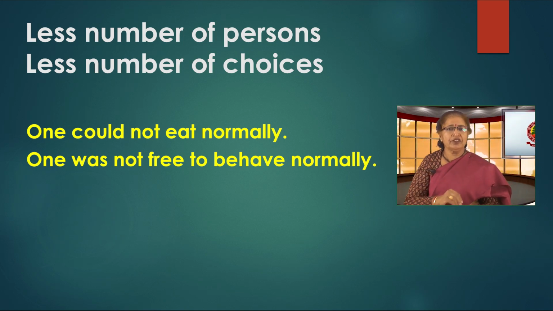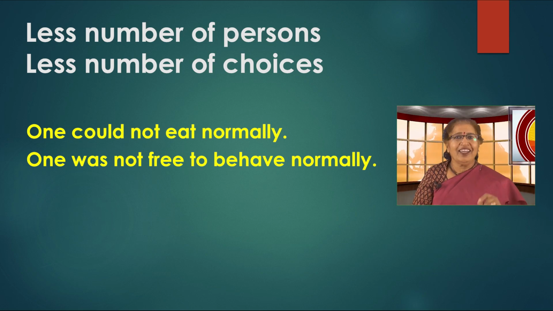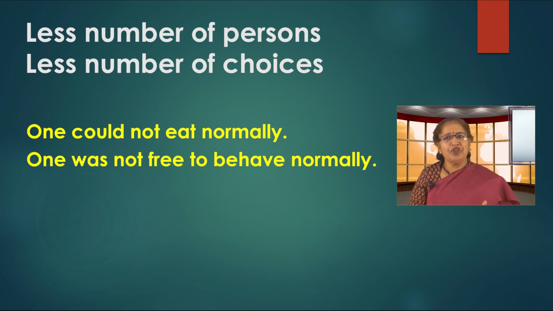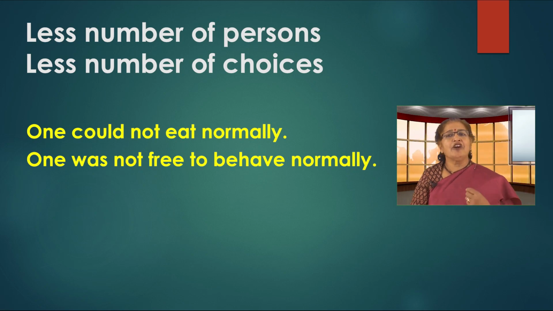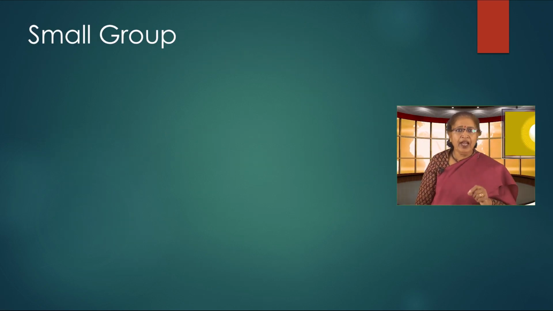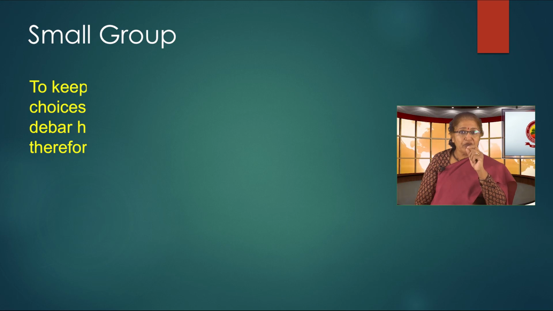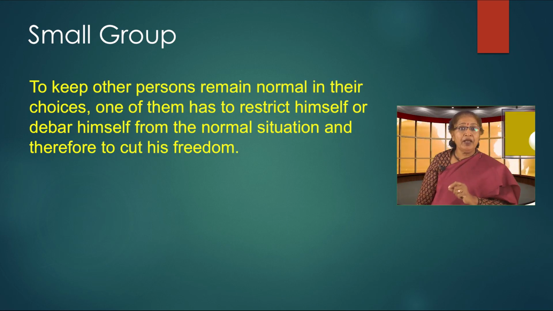In this situation, everyone except the last one of them was free to remain normal as per his own likings or dislikings. He had to accept whatever remained available for him, which may not be considered as normal for him.